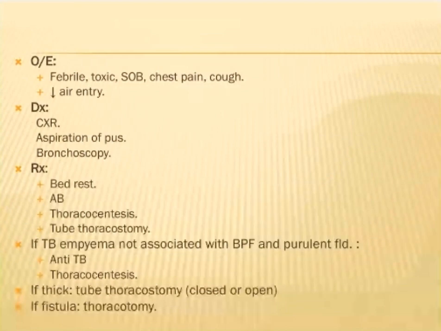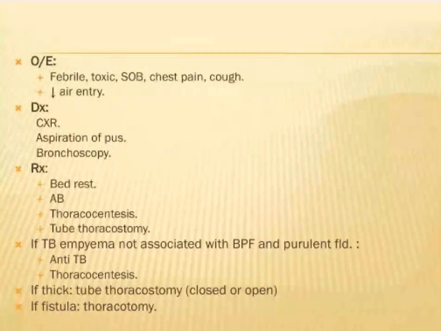Now, on examination, the patient is febrile, toxic, and has shortness of breath, besides pleuritic-type chest pain and cough, and when you put your stethoscope, there will be a decrease in air entry. How can you diagnose that? By a proper check of history. Besides that, you do a chest X-ray. Don't forget, the chest X-ray should be in two views, PA and lateral.